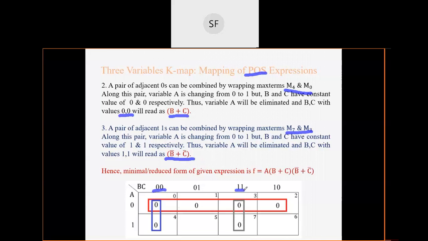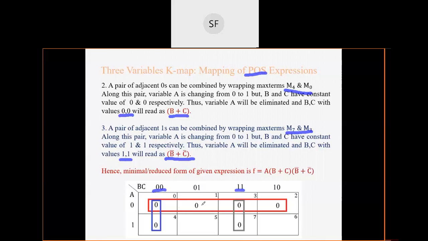Because you can observe that BC was constant for both cells, but A was varying, so A was eliminated, and the corresponding term is from BC. Since both the values of B and C were 1, the 1 is nothing but the complemented variable in POS. So hence this term is there.